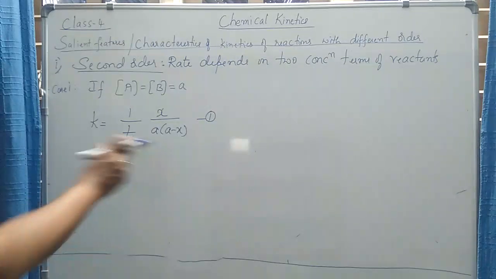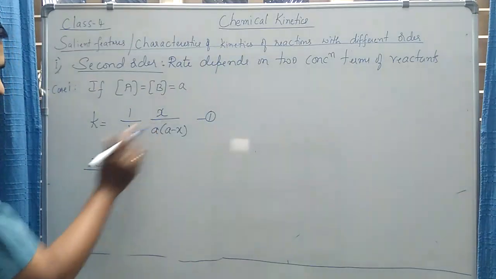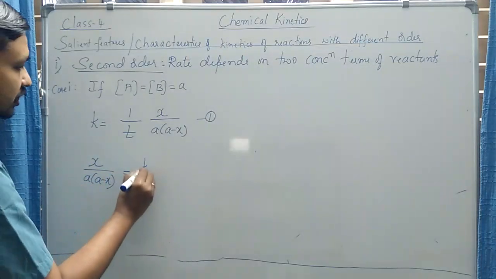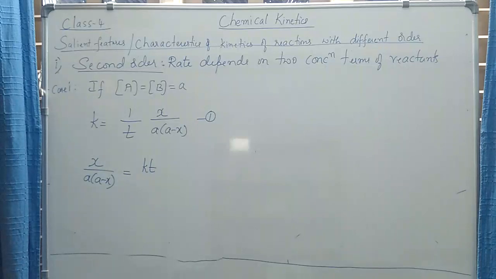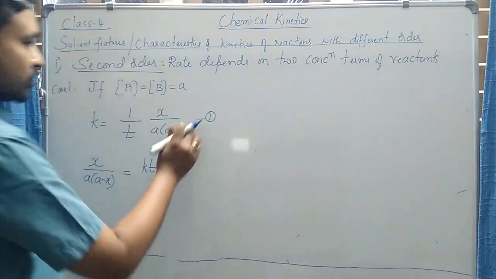You can rearrange equation 1 in different forms. You can write it as X divided by A into A minus X is equal to K into T. This is one form of writing equation 1.